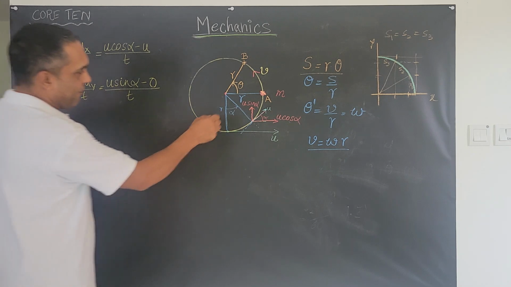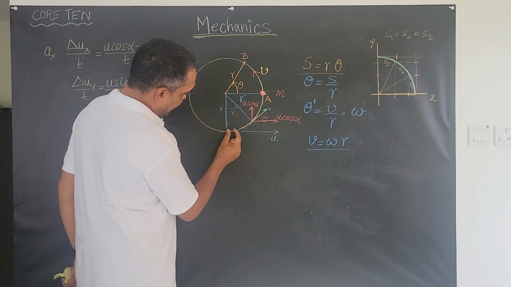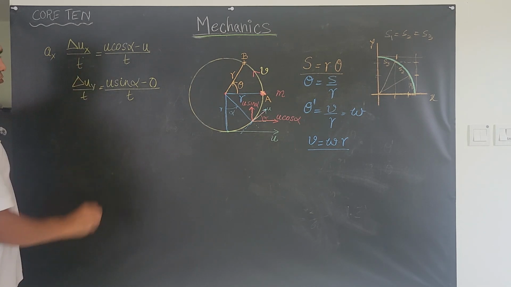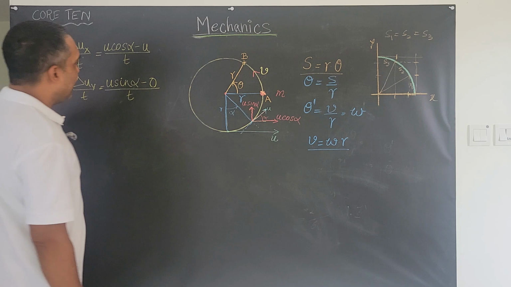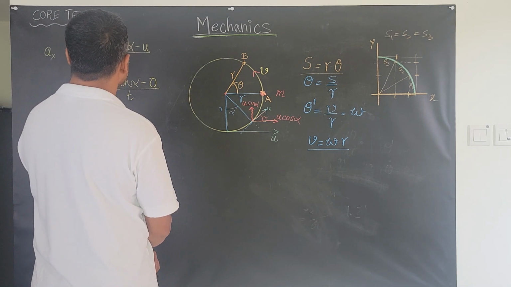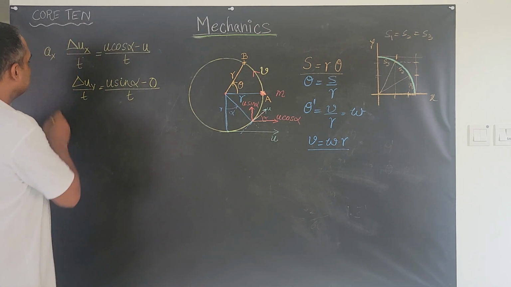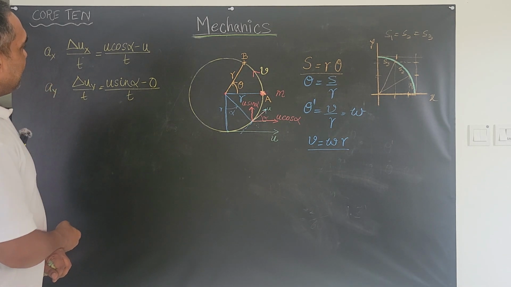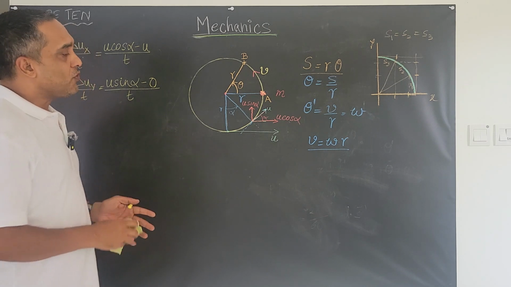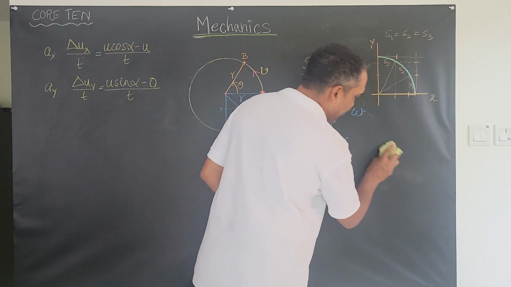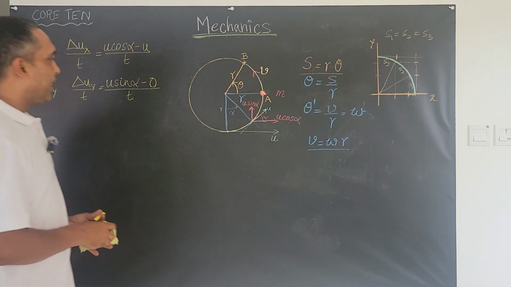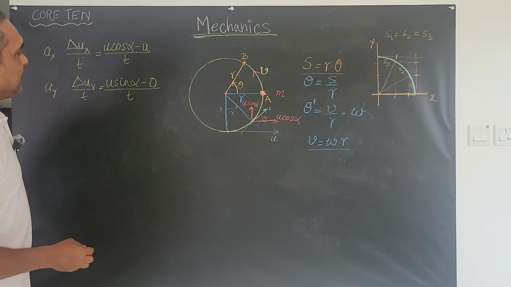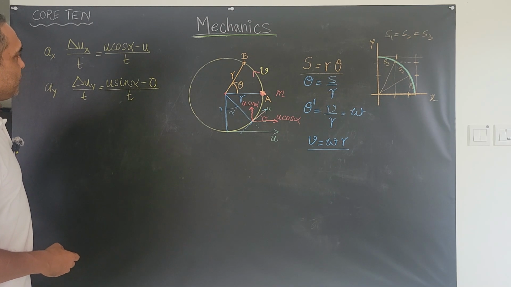Now, if alpha was a really, really tiny angle, we could use limits. In most high school mathematics curricula, they should have taught you limits. And if they haven't, then perhaps the easy way to understand this is as follows.